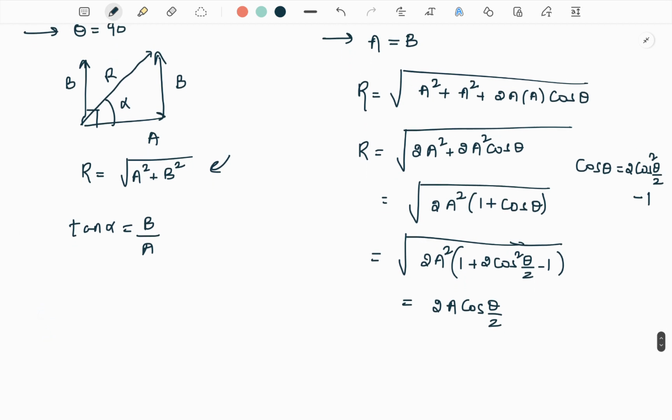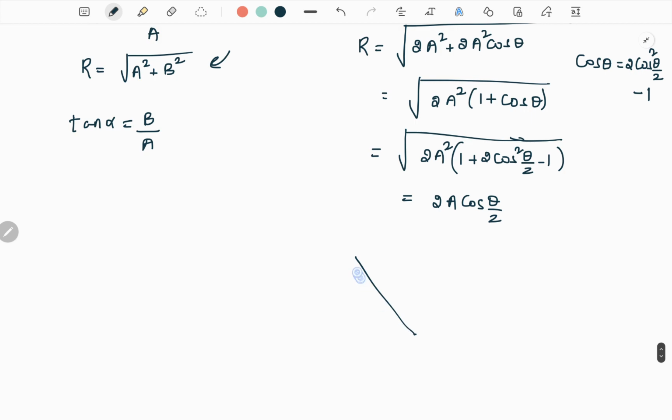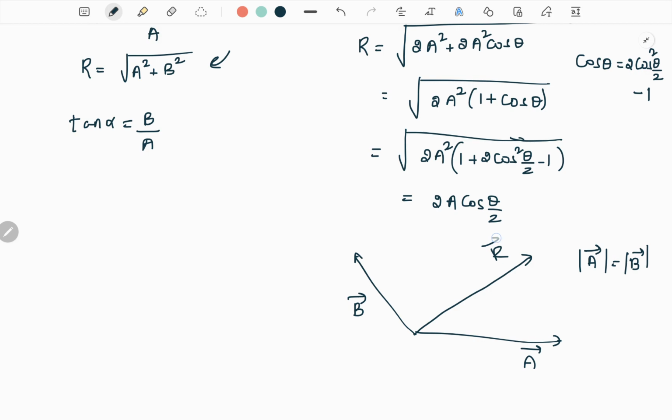If we have two equal vectors, a bar and b bar, something like this, where I'm considering both vectors to have the same magnitude, then the resultant will be in a direction such that it makes the same angle with both of them.